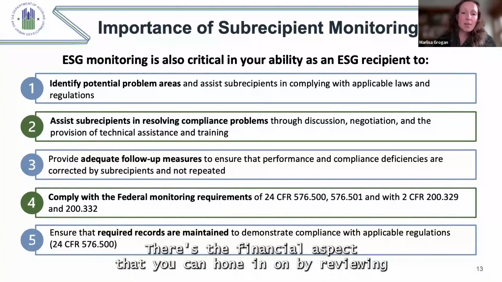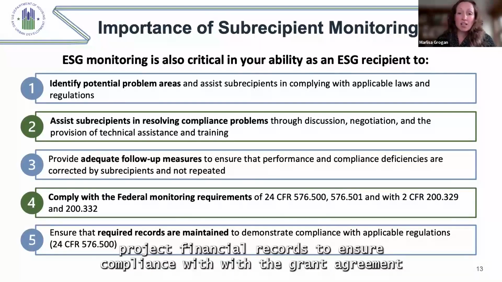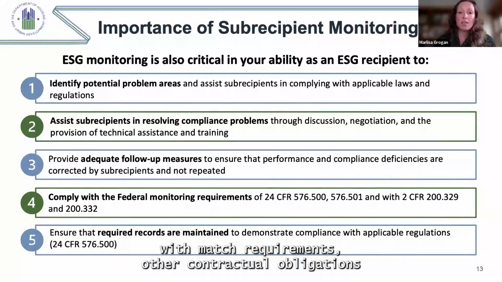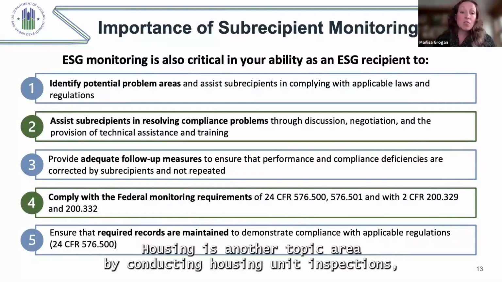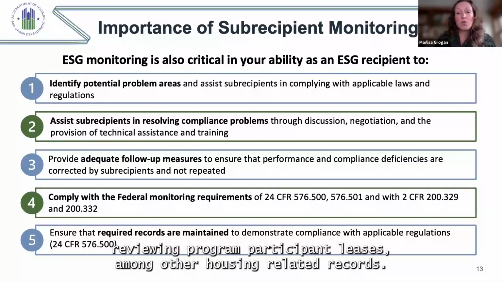There's the financial aspect that you can hone in on by reviewing project financial records to ensure compliance with the grant agreement, with match requirements, other contractual obligations that may be specific to your agreement that you put in place. Housing is another topic area by conducting housing unit inspections, reviewing program participant leases, among other housing related records.